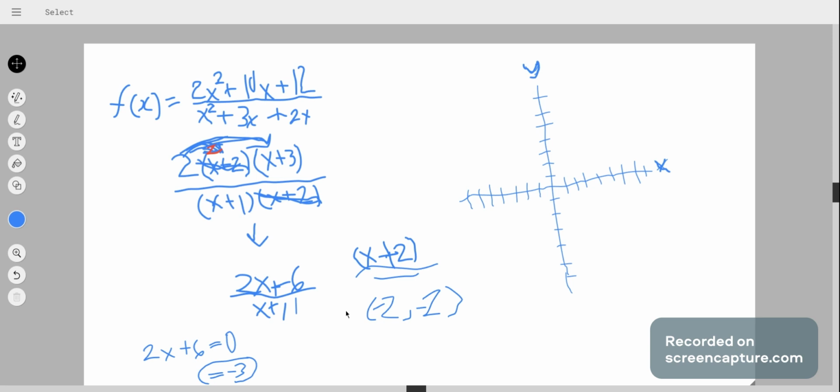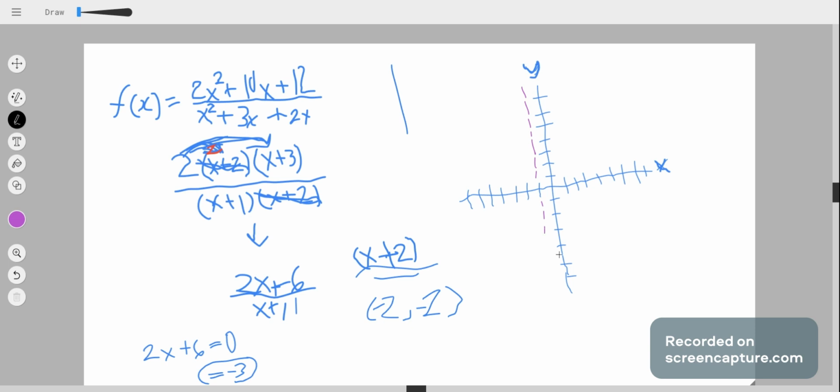That would give us negative 1. So when we talk about our vertical asymptote, we need a vertical line, but it's going to be dotted. So let me pick a prettier color because colors matter. Negative 1.